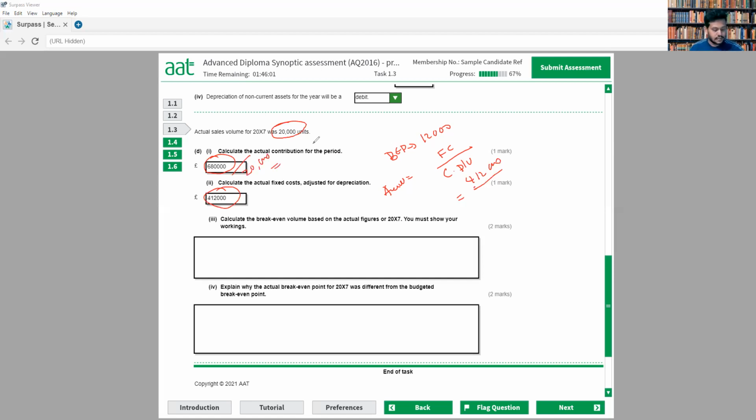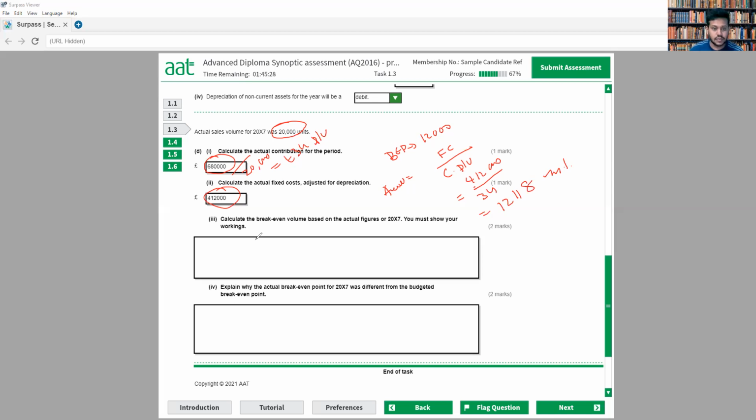So let's calculate that. 680 divide 20, that gives me 34 per unit. So let's find the break-even point. 412,000 divide 34, and that gives me 12,117.6, so we take it 12,118 unit. So this is the actual break-even.